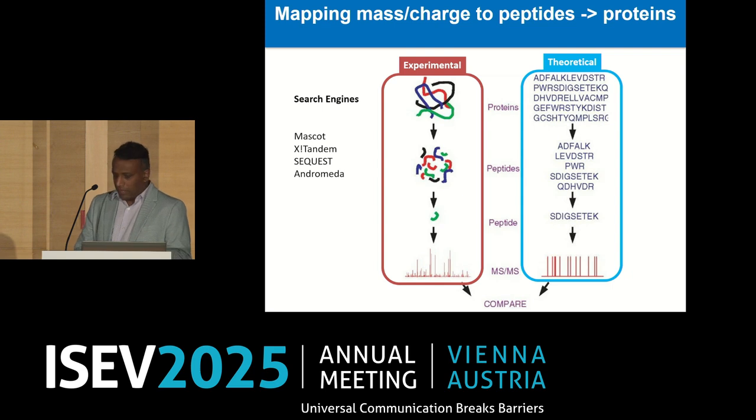The basics behind mapping your mass by charge: your mass spec only measures mass by charge, and from mass by charge, how are you getting your proteins? For that, you will have several search engines, which have an experimental-based analysis as well as a theoretical one.